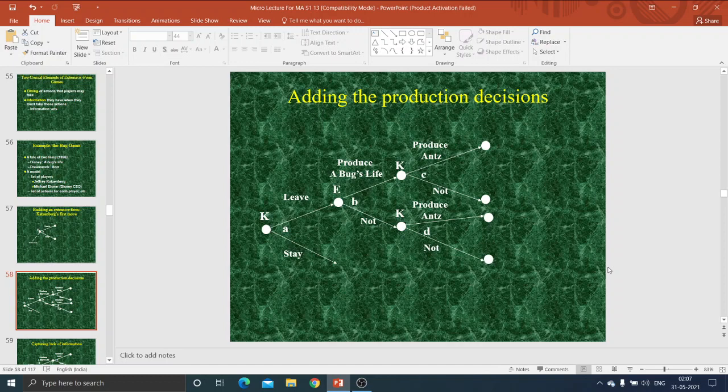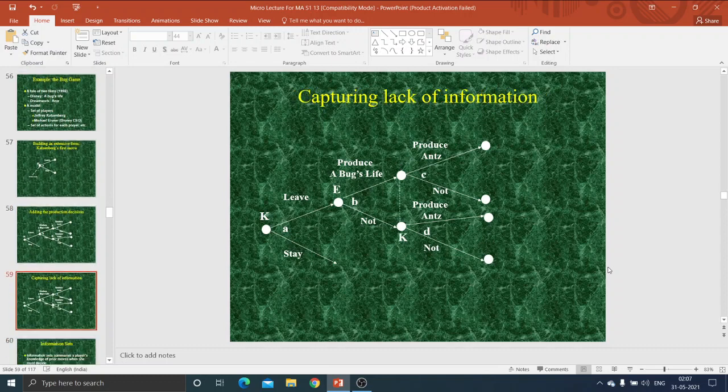So if this is a sequence, then in this case there is an information node. If Eisner produces A Bug's Life, then there is a possibility that Katzenberg comes and produces Antz. If Eisner is not producing A Bug's Life, then also there is a possibility that Katzenberg comes and produces Antz.